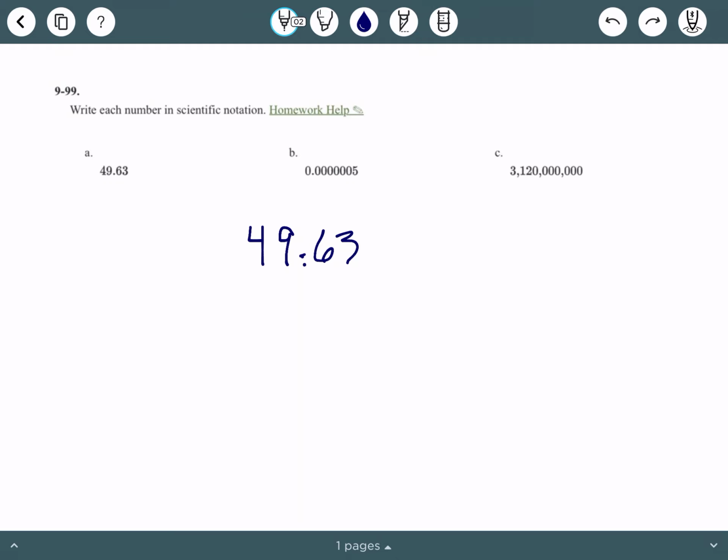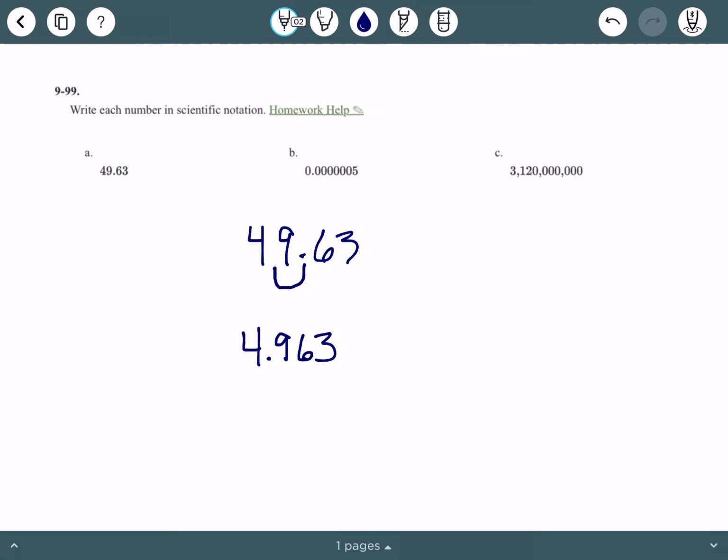So I need to move my decimal to the left. If I moved it to the right, it would be 496.3. But if I move it once to the left, I get 4.963. So I've got my leading digit now.